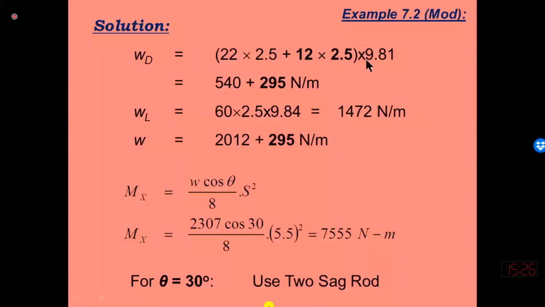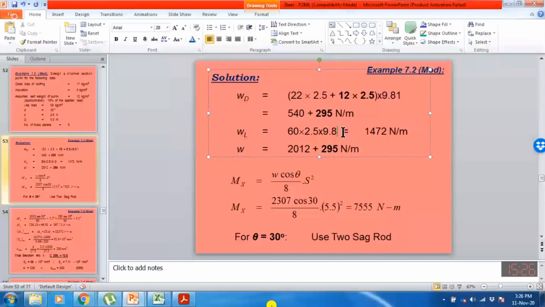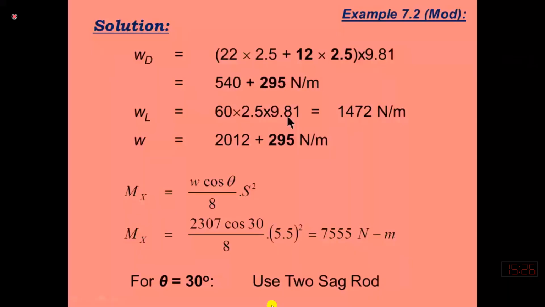This is also the dead load or self weight, acting in Newton per meter. All applied dead load and self weight we are dealing with separately. Live load is 60 kilogram per meter square. It is multiplied with the panel length to convert into UDL and multiplied with 9.81 to convert into Newton. So the live load is 1472 Newton per meter.